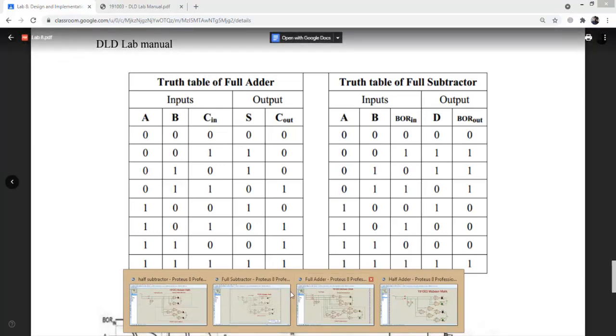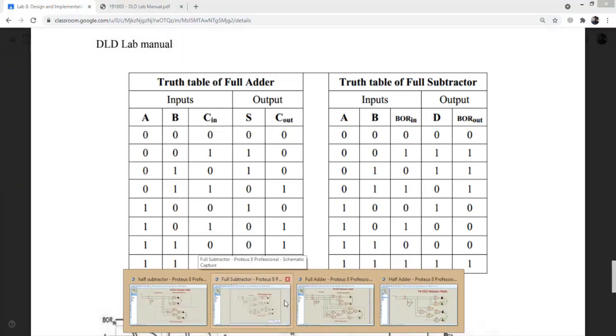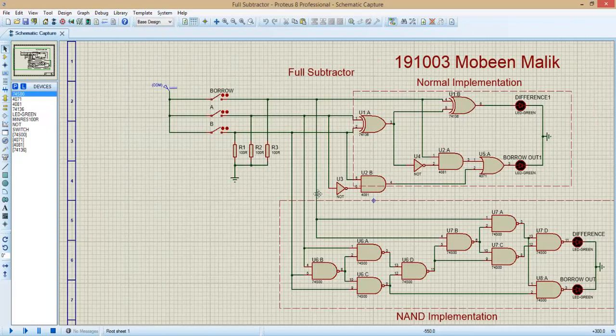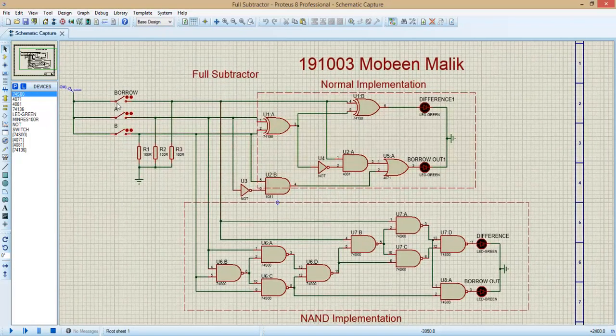The next circuit we have to verify, which actually is the last circuit, is the full subtractor. For the full subtractor, these three are the three inputs. This is the borrow, this is the most significant A, and B is the lesser significant input.